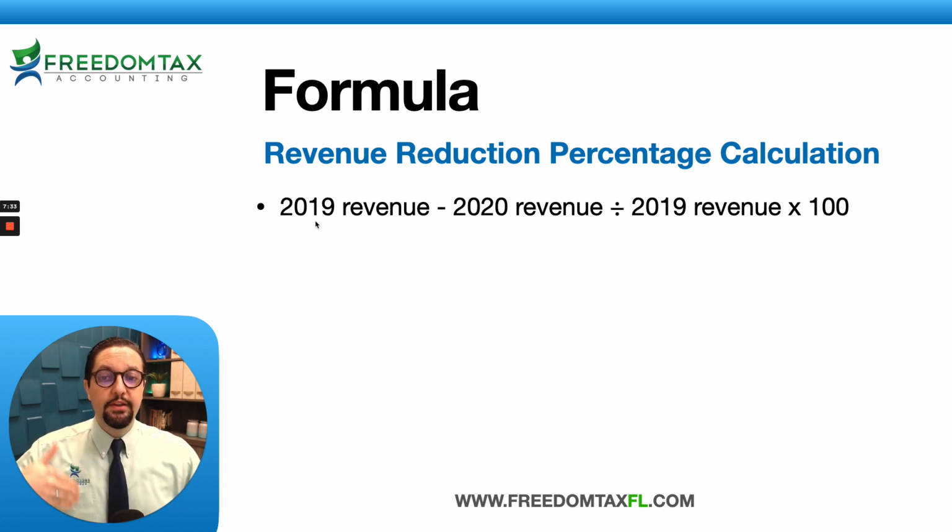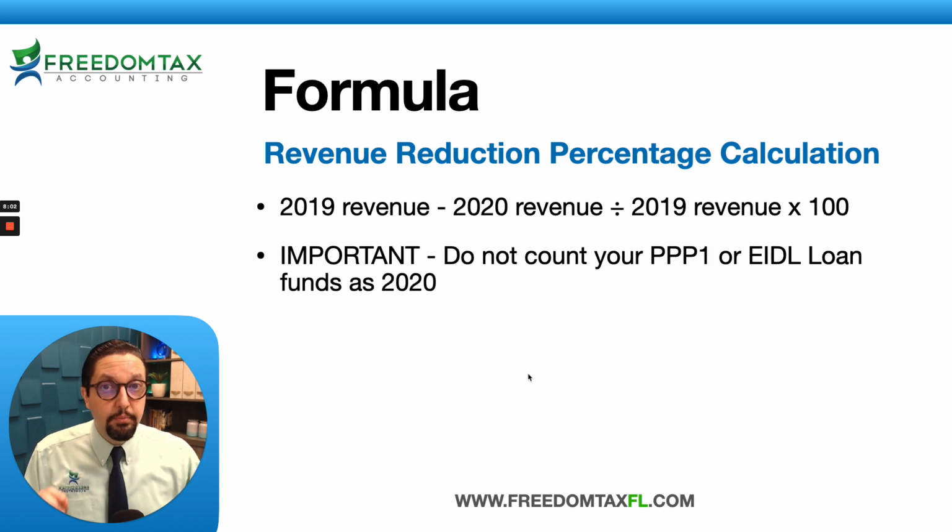You take your 2019 revenue, subtract your 2020 revenue, divide by the 2019 revenue, and multiply by 100. Don't worry, we're going to show you an example. Once again, 2019 revenue minus 2020 revenue, divide by 2019 revenue, and multiply by 100.